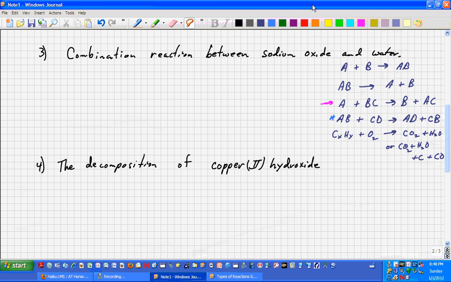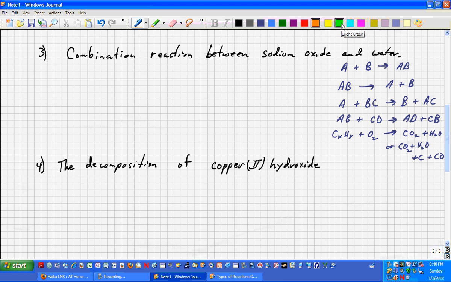Okay, so I've got my set of equations here, my general equations for my types to work from. I'm told this is a combination reaction. It says a combination reaction between sodium oxide and water.